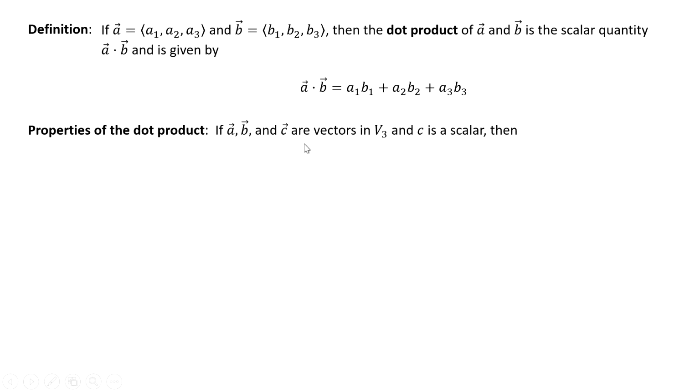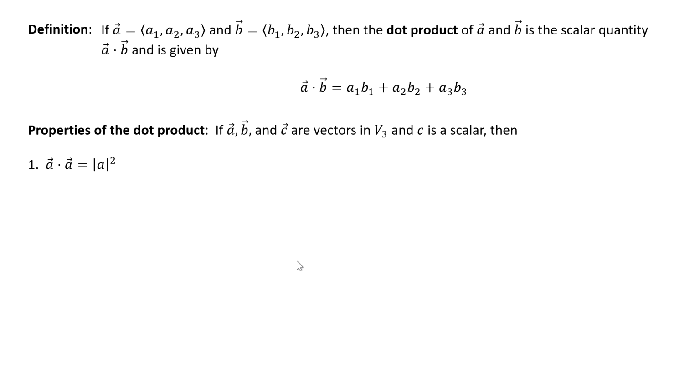What else? Properties of this dot product. If A, B, and C are vectors in V3, that means a three-dimensional vector space, I think we could have called it R3, meaning at least in this course, we are dealing with only real vectors, right? So R3. And c is a scalar.